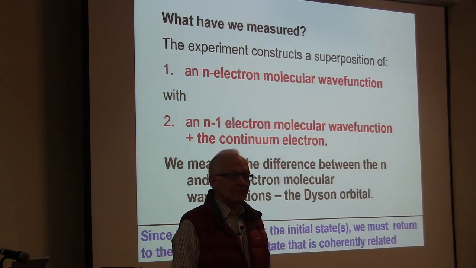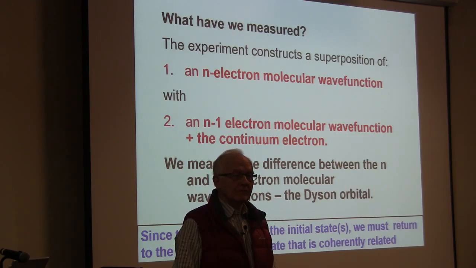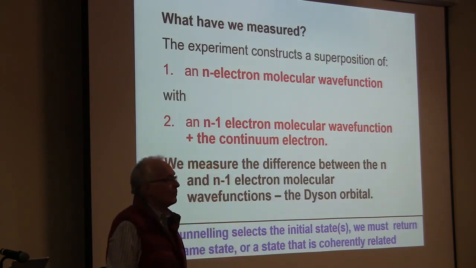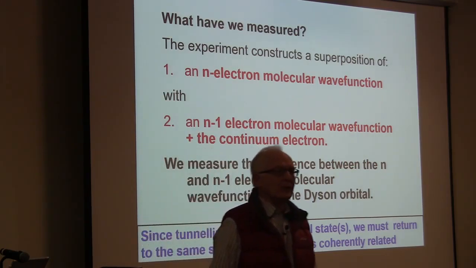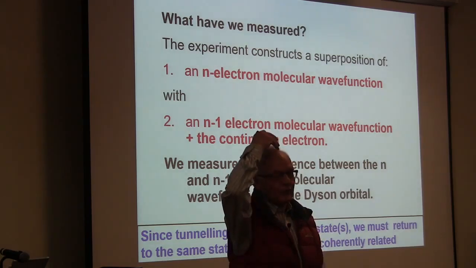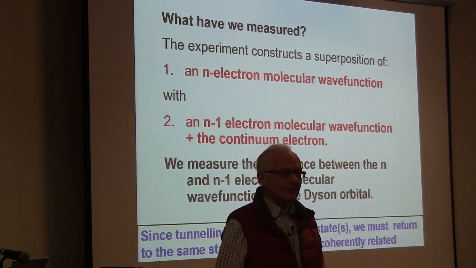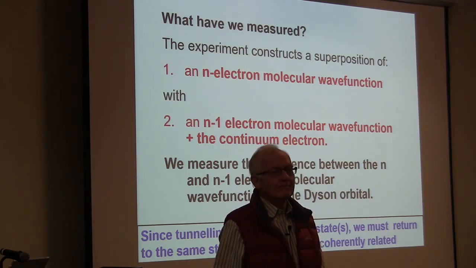I guess I have a version of the question: why has it persisted to talk about measuring orbitals? Is it because of the phase? You mean why is it a controversy? Is it useful to stick with thinking about orbitals because you do measure a phase difference?